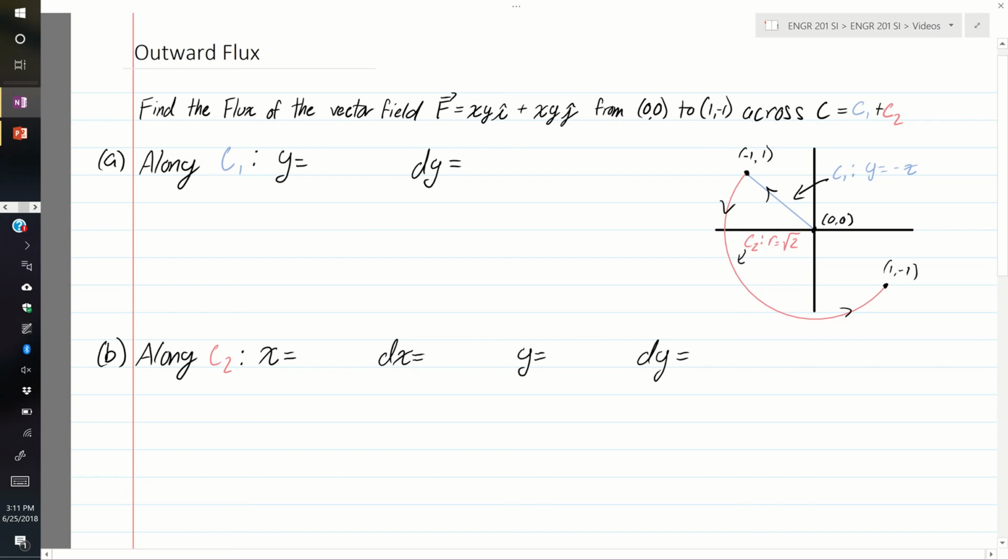Normally they'll give you the vectors, but in case they don't give the direction you would go, when they say find the outward flux, know that they mean go counterclockwise, because the vector that the flux is going is out of the page.